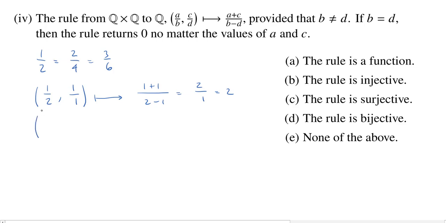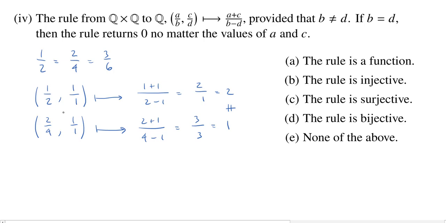Let me try a different representation of a half, like, say, 2/4. And we can keep the same 1/1 there. So this will map to 2 plus 1 over 4 minus 1. Okay, well, 2 plus 1 is 3, 4 minus 1 is also 3, and 3/3 is 1. And these are not the same answers, right? 2 and 1 are not the same.